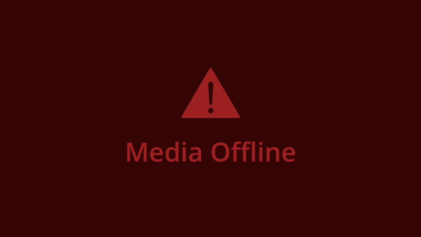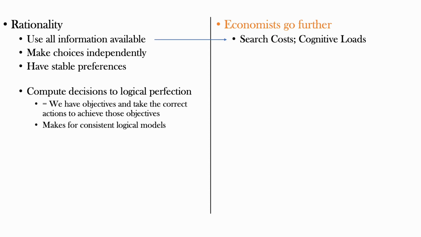So if you were to talk about that sort of complexity, when we said that the rational agent will use all information available, we are not taking into account the fact that there are costs in searching for information, and that there is a cognitive burden or a cognitive load that the economic agent has to bear in order to absorb and to use that information.